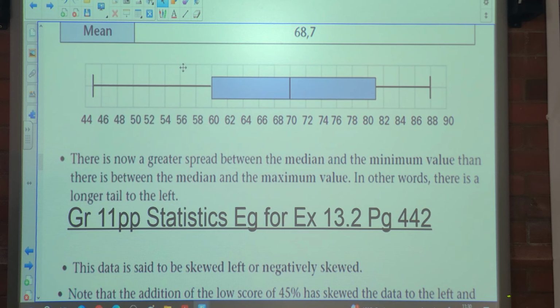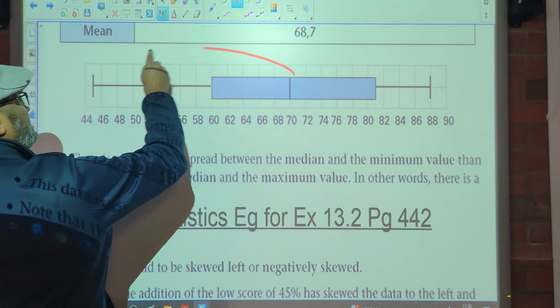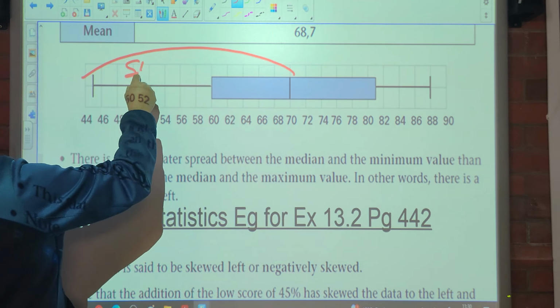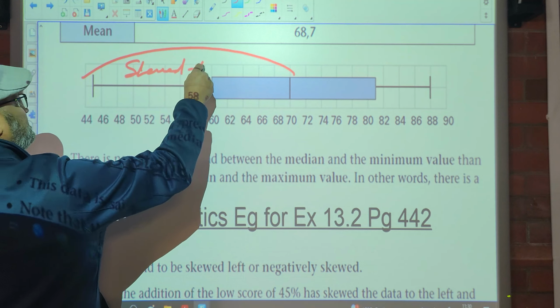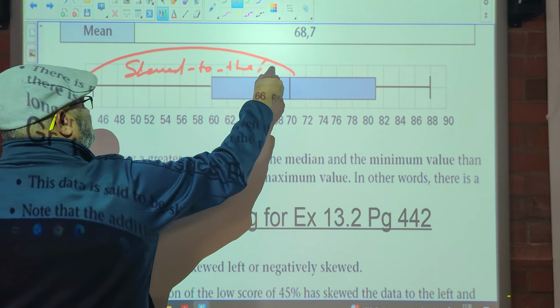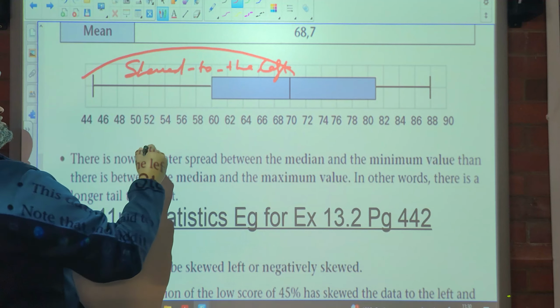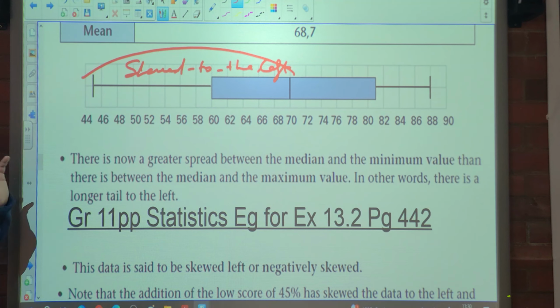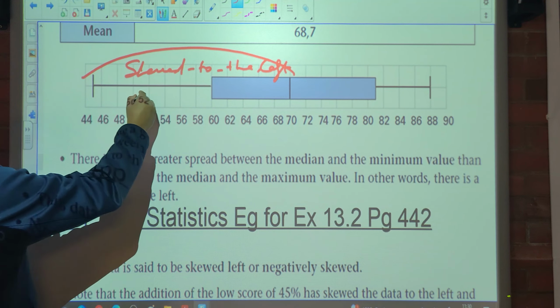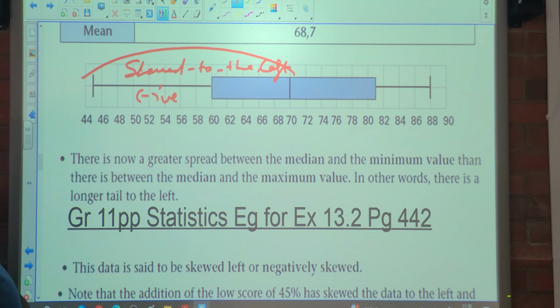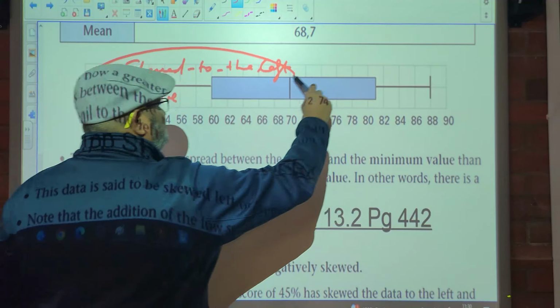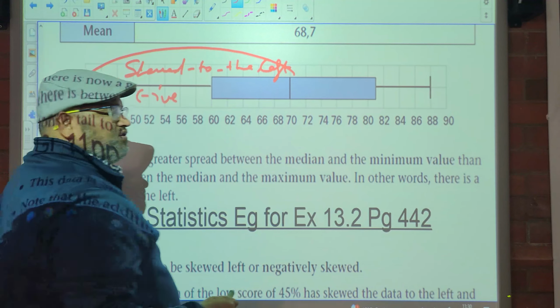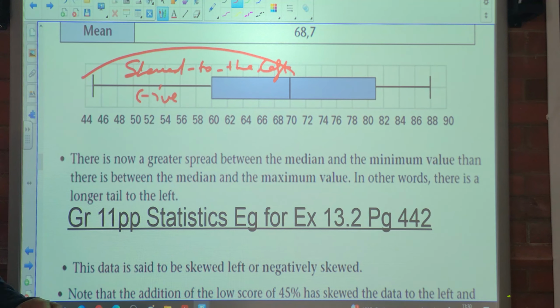You see it has a longer tail to the left. So if the tail is longer to the left, we say it's skewed to the left, or negatively skewed. Okay. You guys understand? So if it is skewed to the right, it would be positively skewed. Okay.